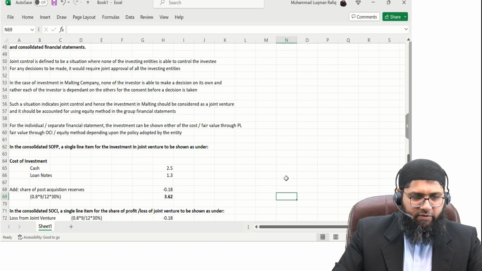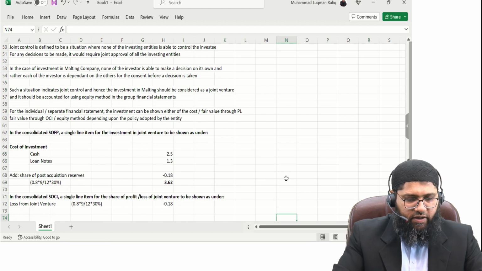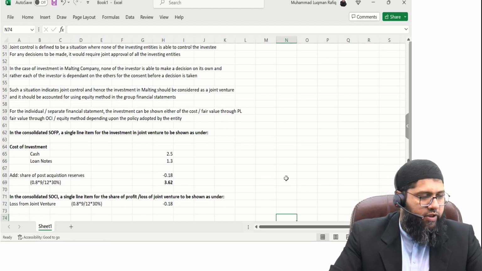I don't know how it will be visible if I zoom out further, but still, let's just see if you can capture it.